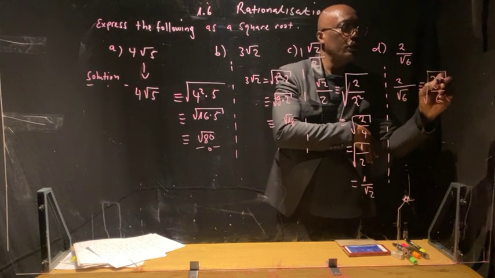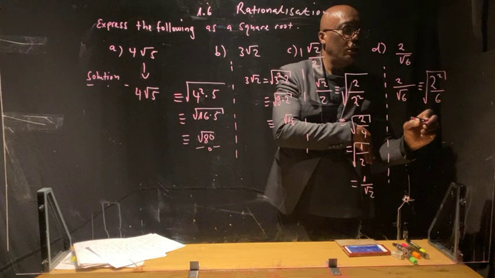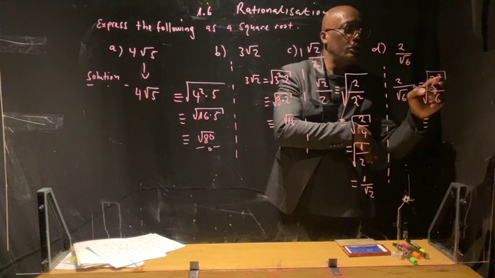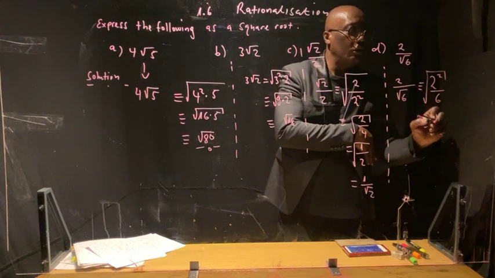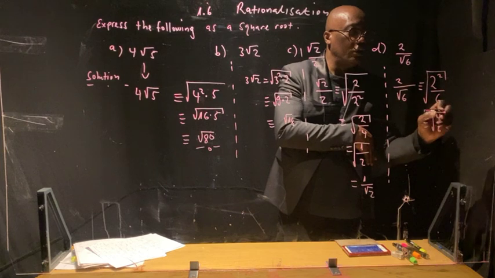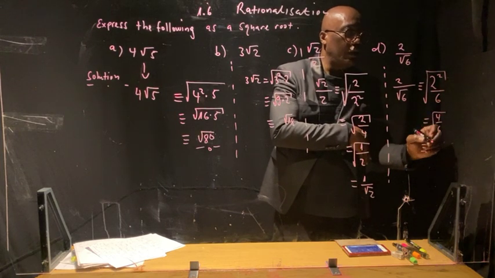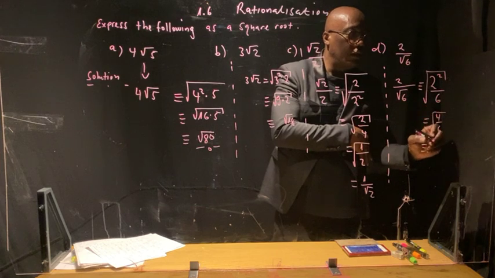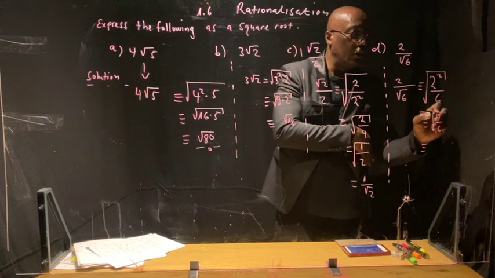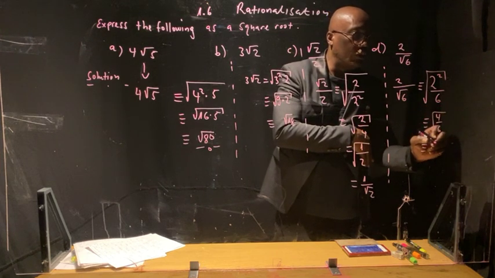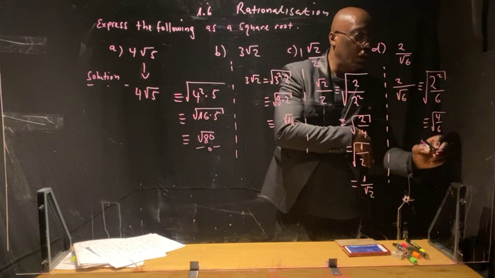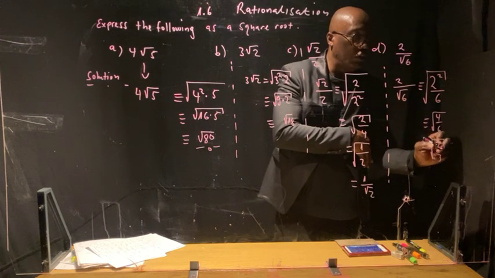Therefore, 2 raised to the power 2 is 4 over 6 in square root. You can leave it like this, or you can cancel: 2 goes here, 2 goes here, 3. So we have 2 over 3 in the square root.